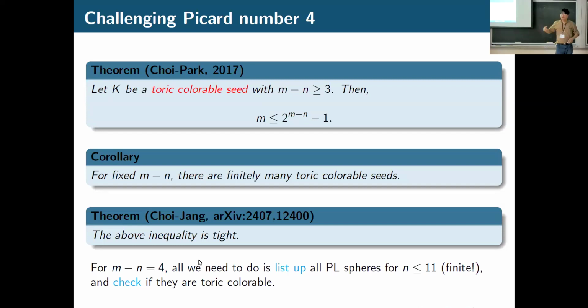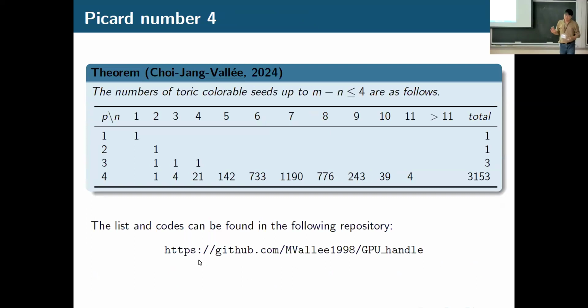We need some idea, but I don't want to explain the details of how to obtain these toric manifolds. But since Matthew has very good coding skills, we could obtain the whole list of the toric Fano seeds up to Picard number 4.